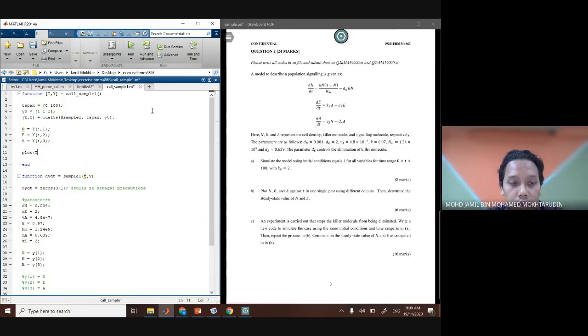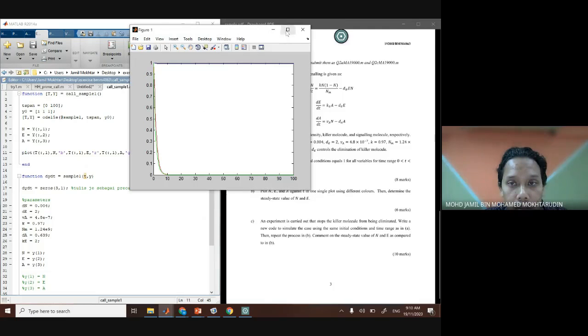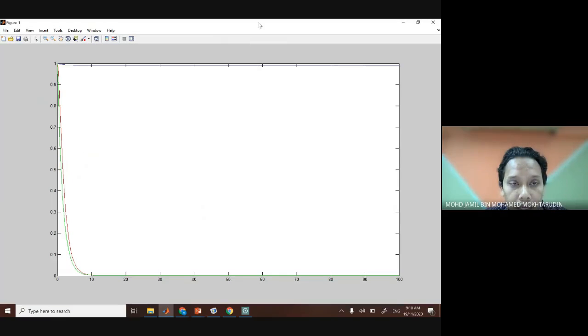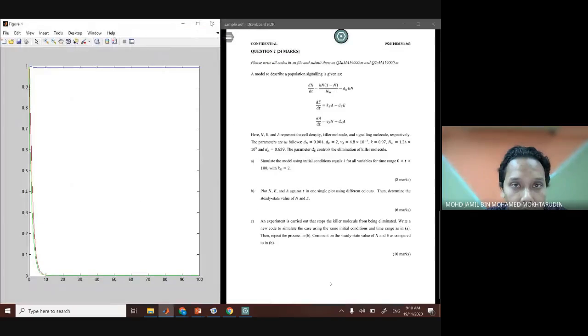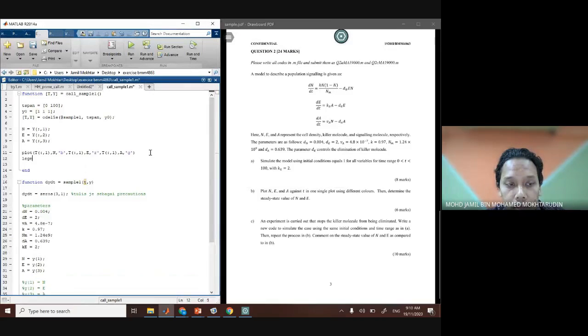And plot time, N, E, and then A. And then kita try run. Okay, so dapatlah some graph, okay. So tak nak confuse, kita letak legend.